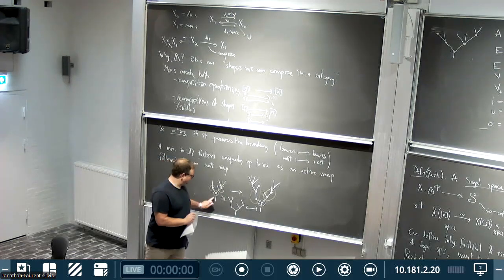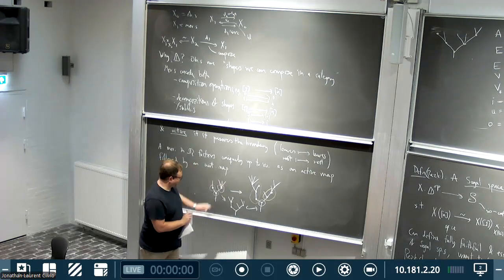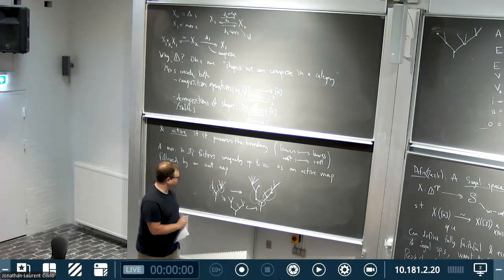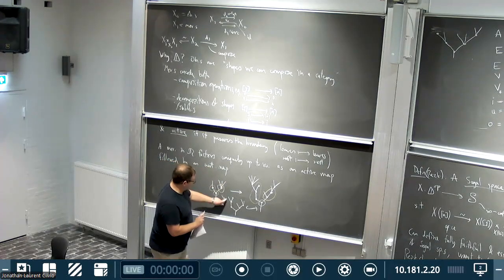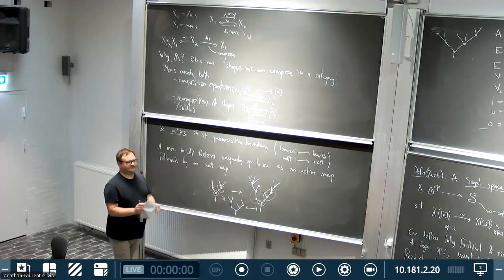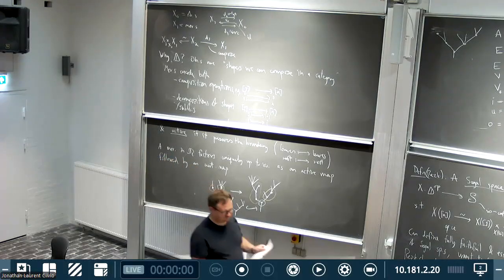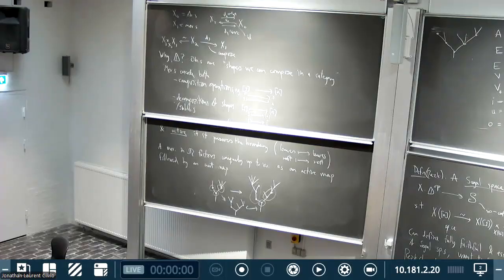It takes the root to the root, and it takes the leaves to the leaves. So the 4 leaves here to the 4 leaves of this. Okay, I hope that makes it slightly less mysterious what's going on.